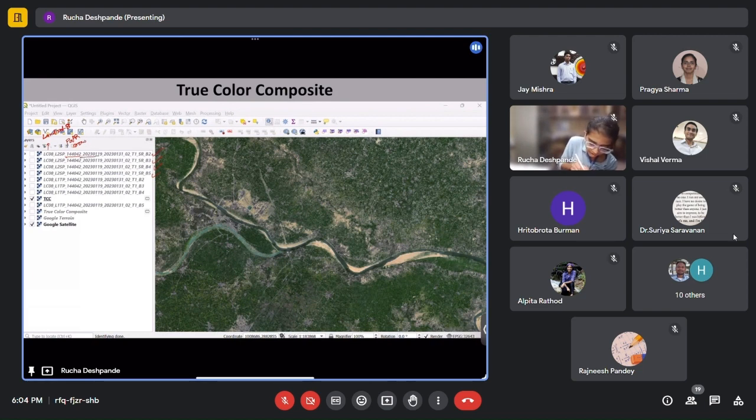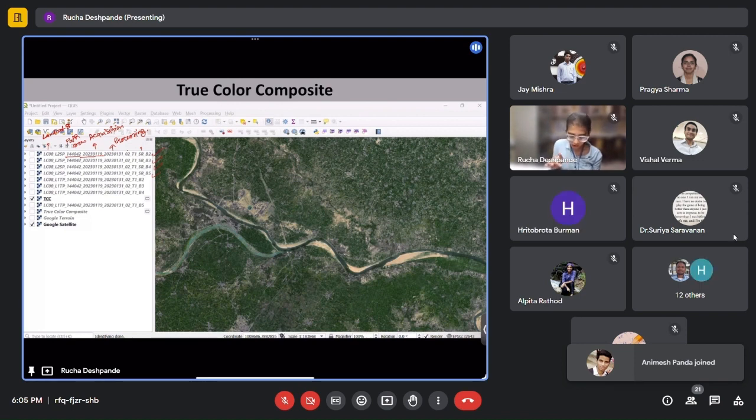This is the date of acquisition, 19th January 2023, and this is the date of processing. This number represents the collection. T1 is level 1 and SR stands for surface reflectance, band 2, band 3, band 4 and band 5.